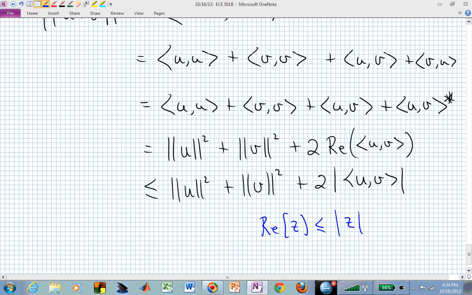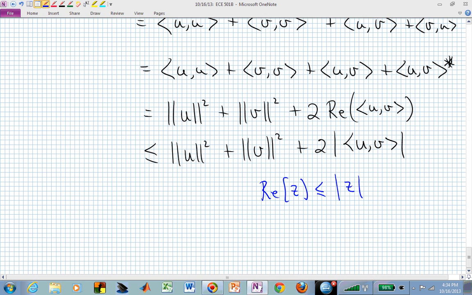That's what I'm saying in that step. But now what do I know? I now have a bound on the absolute value of the inner product from CSI. It's a good thing we still have the first season of CSI. Cauchy-Schwarz inequality. This is now less than or equal to the norm of u squared plus the norm of v squared plus 2 times the norm of u, the norm of v.